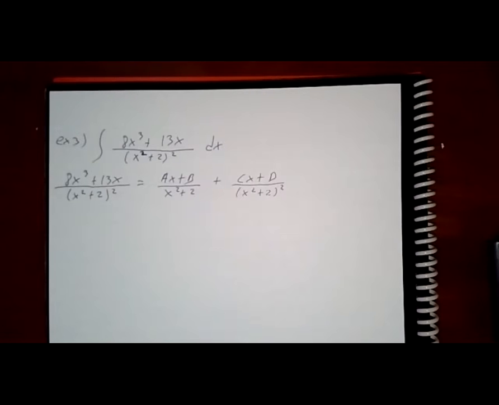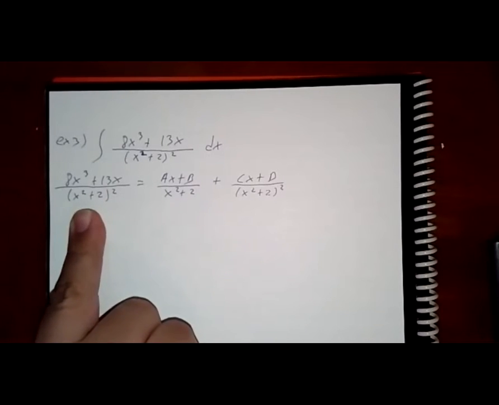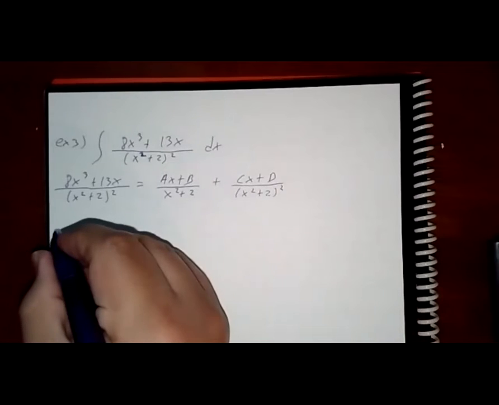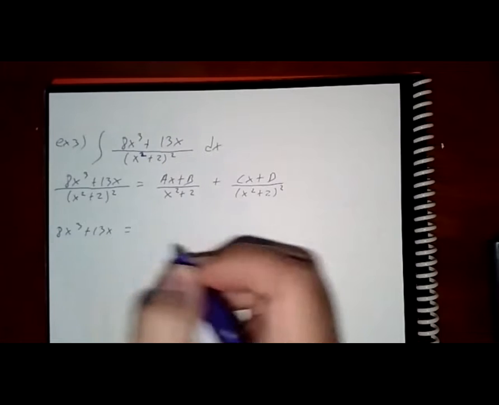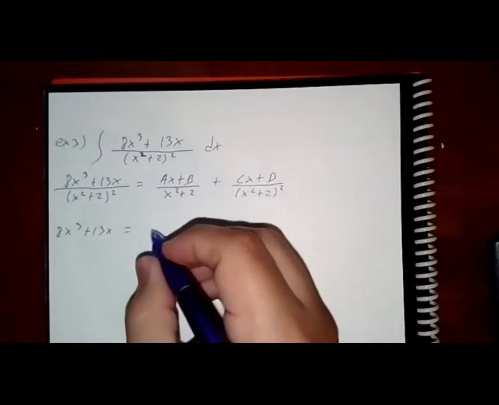Now we multiply both sides by x squared plus 2, which will give us 8x cubed plus 13x equal to this one.